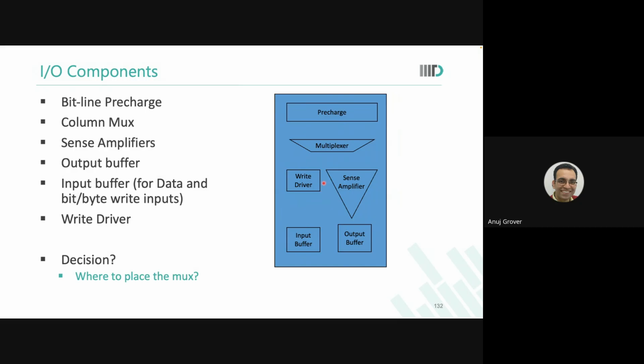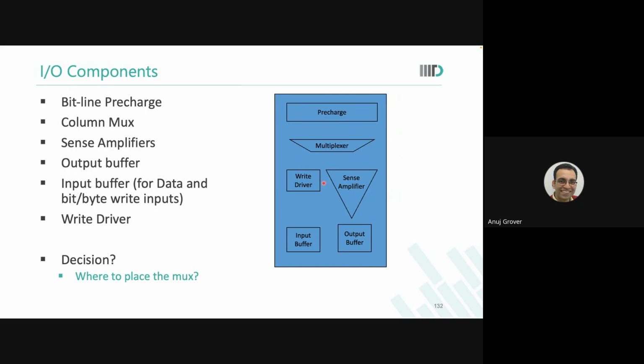So I could be able to sense at a lesser differential. What is the disadvantage? Area. Now for every bit line, I have to have a sense amplifier. If it was after the MUX, what happened? I could have only one sense amplifier for all the bit lines that are entering into that MUX.